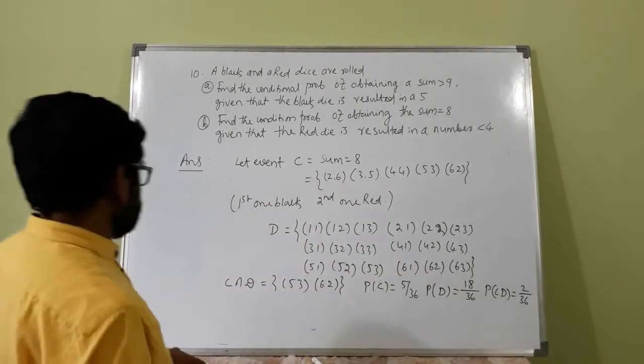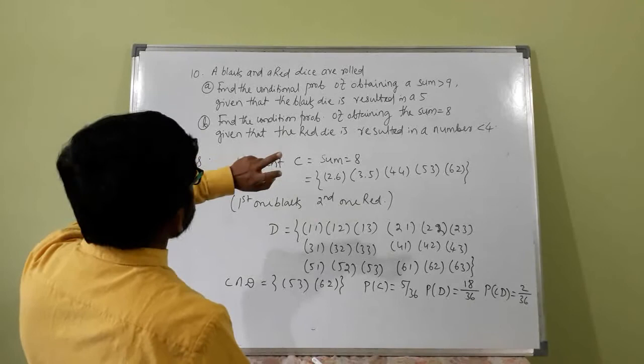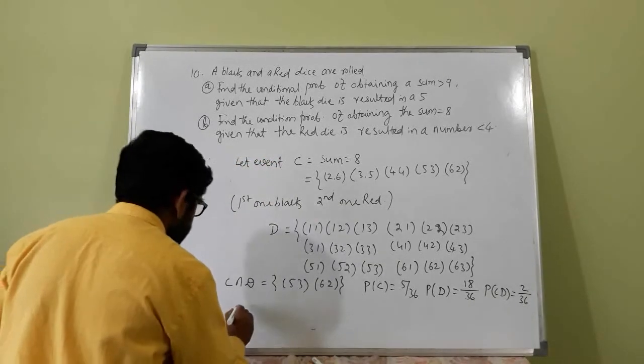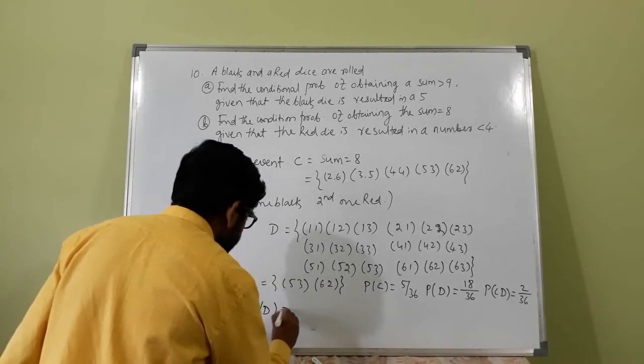Now the conditional probability of obtaining sum 8, given that the red die shows a number less than 4, that is C given D, you have to find.